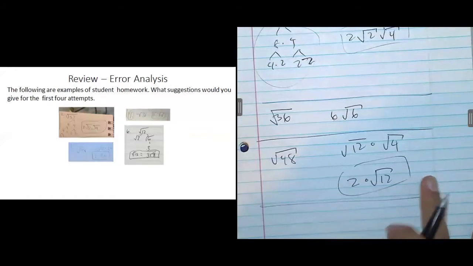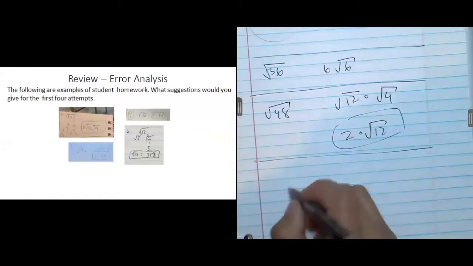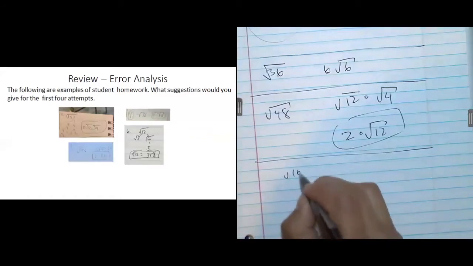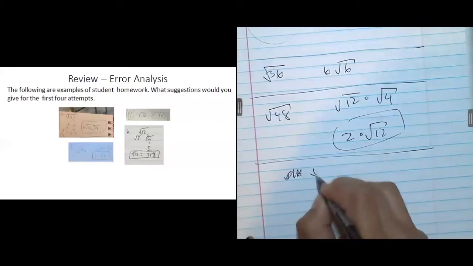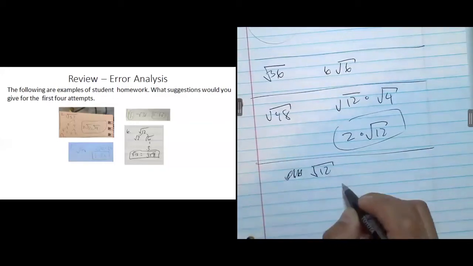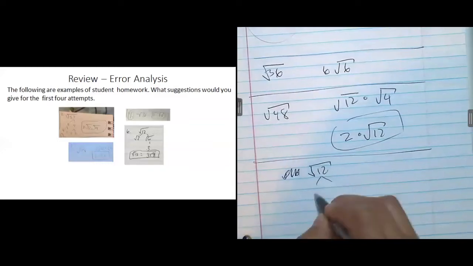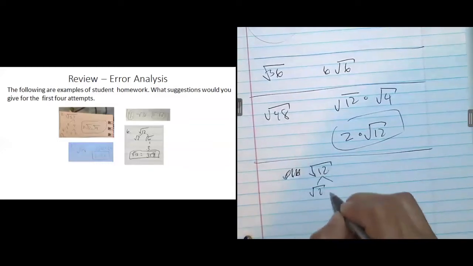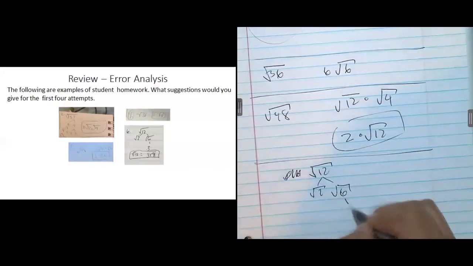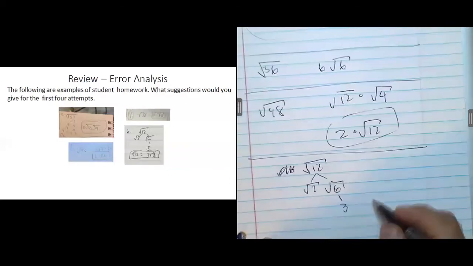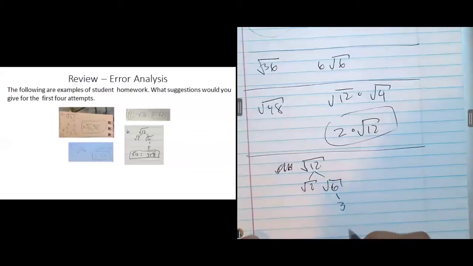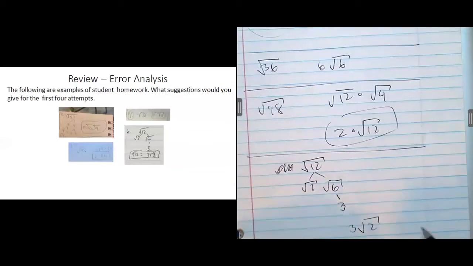And finally, square root of 12. And then they correctly factored it, I should say. And they said this was 3. And then they said that the answer was 3 square root 2.